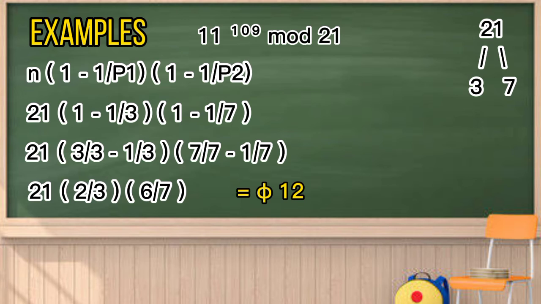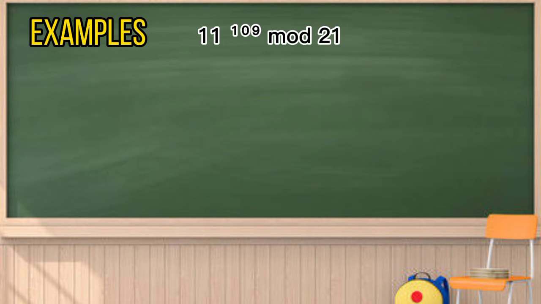Since we have the totient 12, we are now going to find the remainder of 11 raised to 109 modulo 21. So the equation will be 11 raised to 12 is congruent to 1 modulo 21.